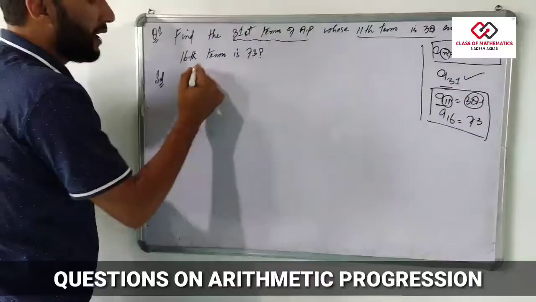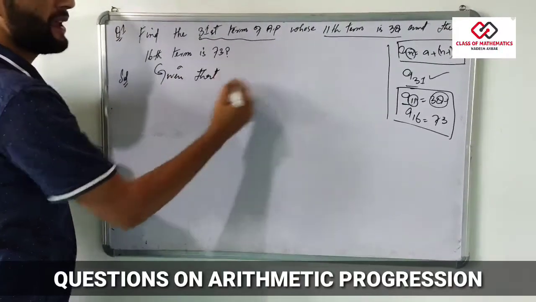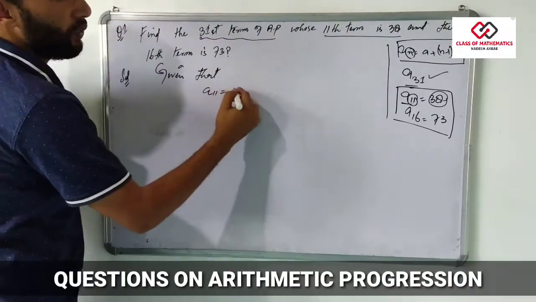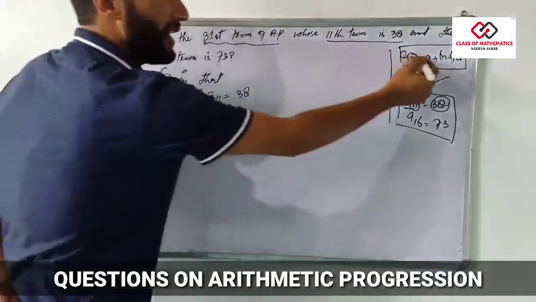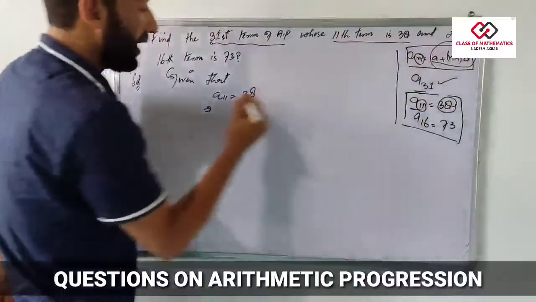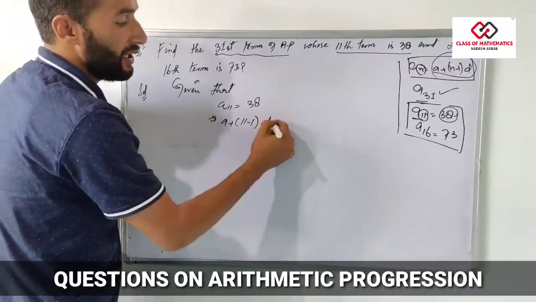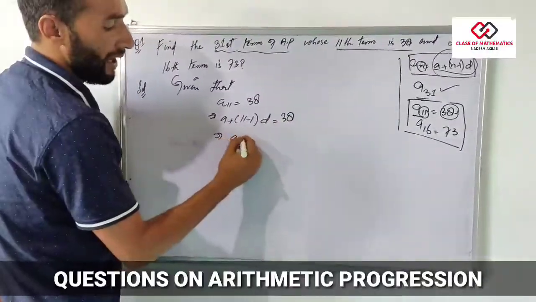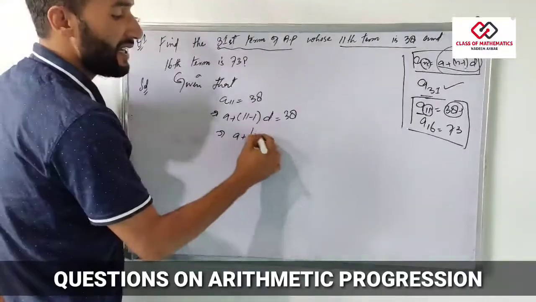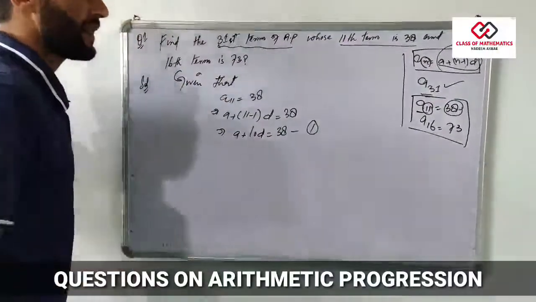Solution: given that A11 is equal to 38, using this formula it will be a plus 11 minus 1 into d equal to 38, which further implies a plus 10d is equal to 38. Name it as first.